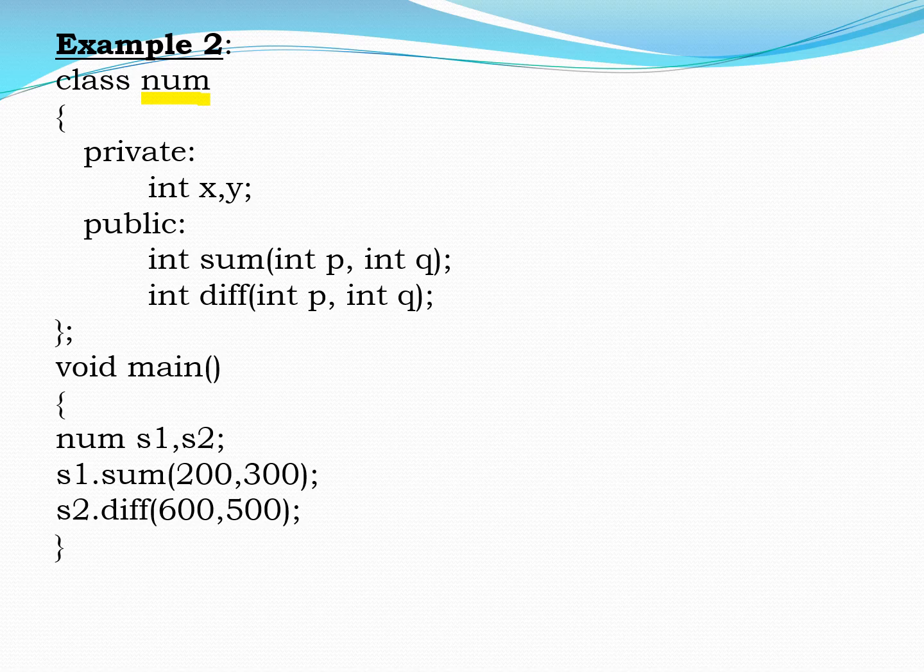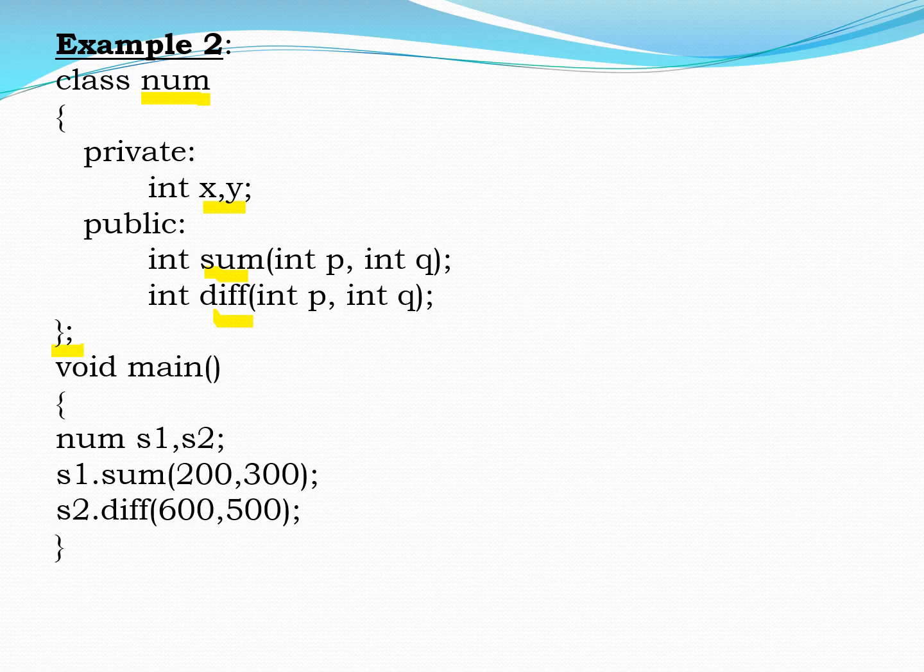In private, I have declared x and y as data members, and I have created two functions called sum and difference. Both member functions have two arguments, int p and int q, and I'm going to close my class.